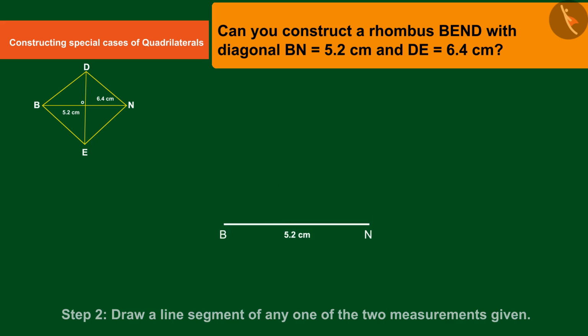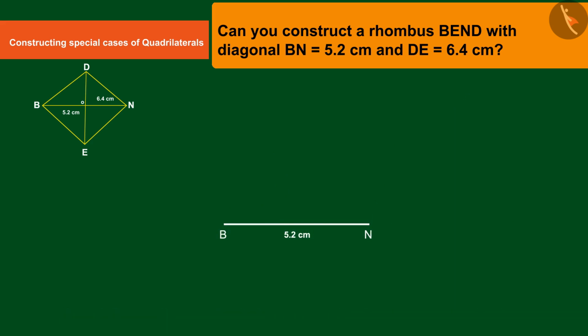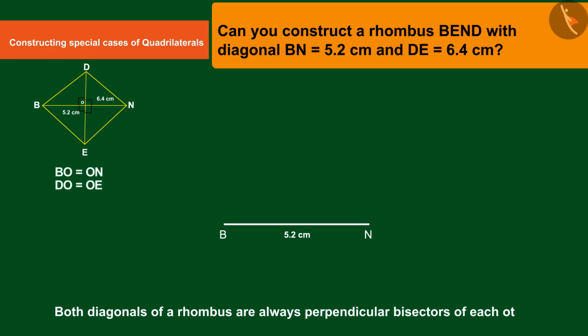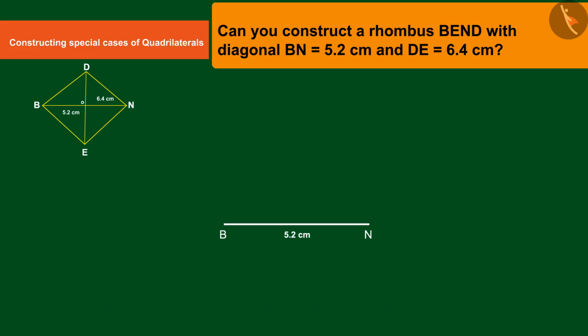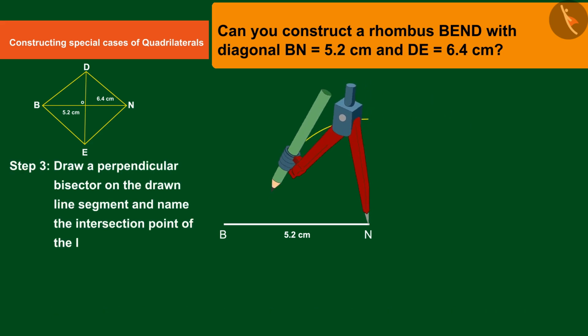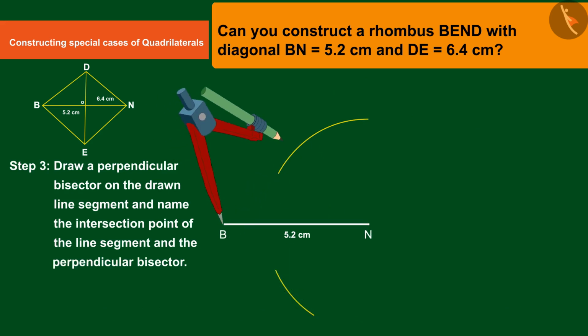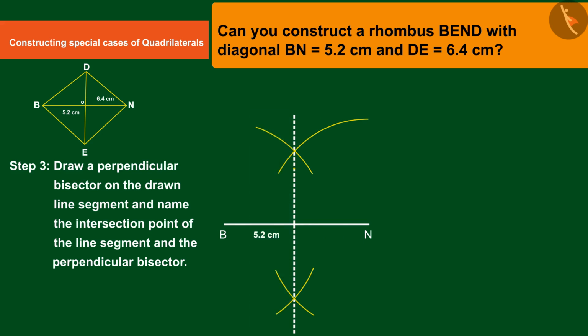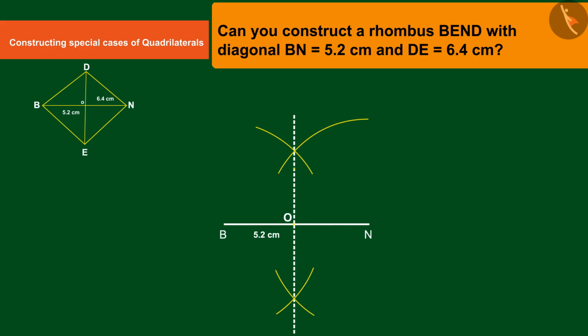Since we know by the properties of a rhombus that both diagonals of a rhombus are always perpendicular bisectors of each other, now we will consider BN as base and make a perpendicular bisector on it, which will intersect BN at point O.